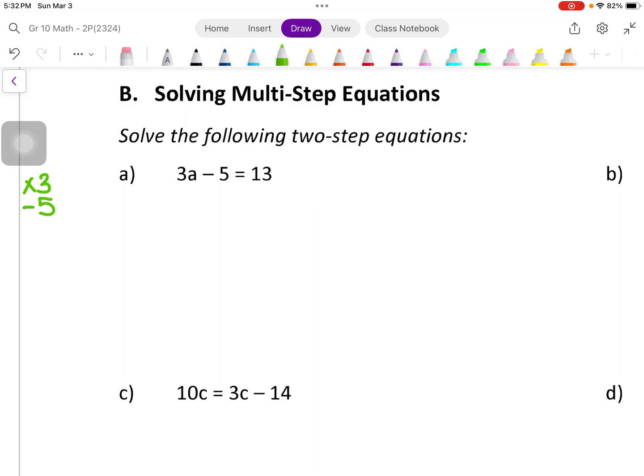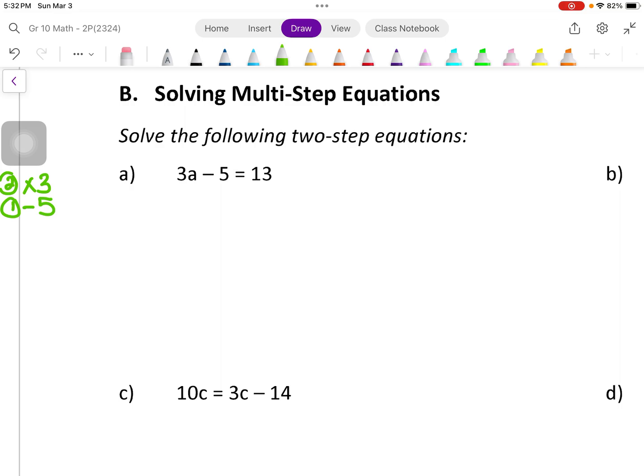Those are the two things that I need to remove. Remember that subtraction and addition are undone first. So the first thing I'm going to do is remove my subtraction of 5, move that to the other side, and then I will remove the 3.